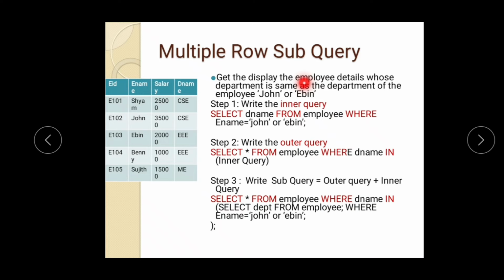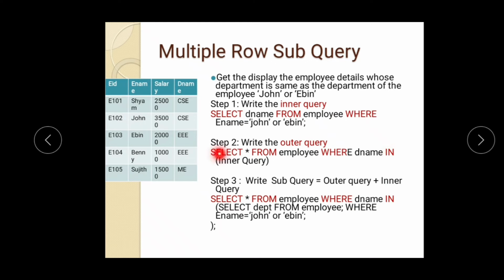What is the outer query? We will display the employee details: select star from employee, the employee details whose department is the same as the department of John or Eben. So where D name in. Instead of any relational operator, we use the operator IN.